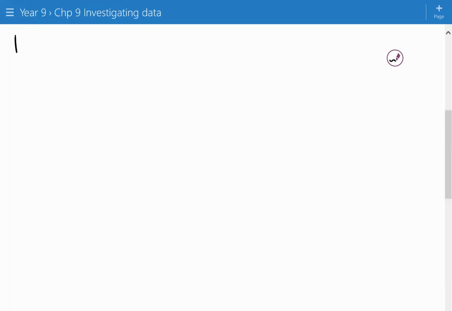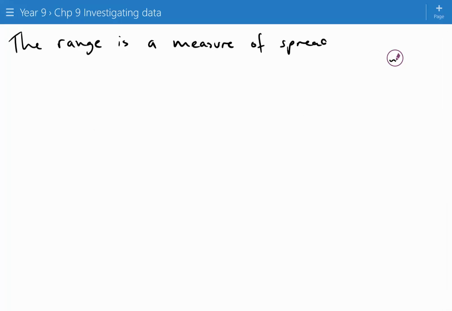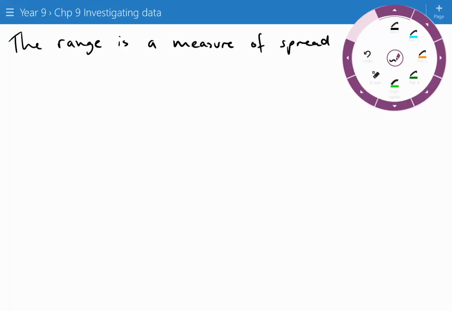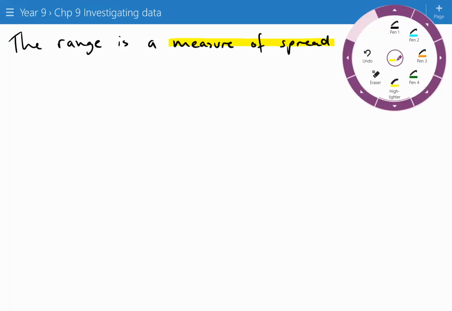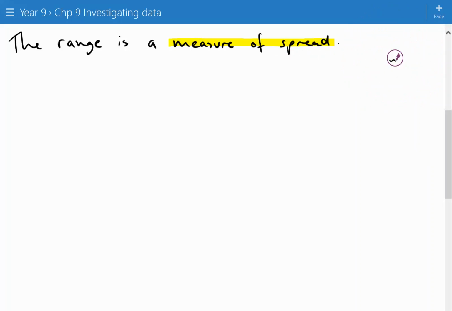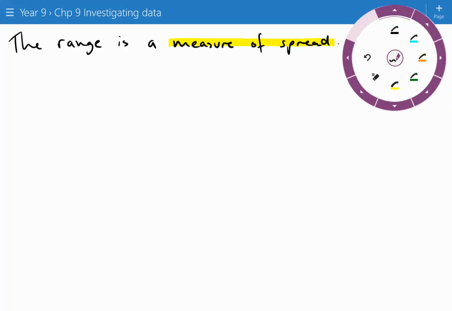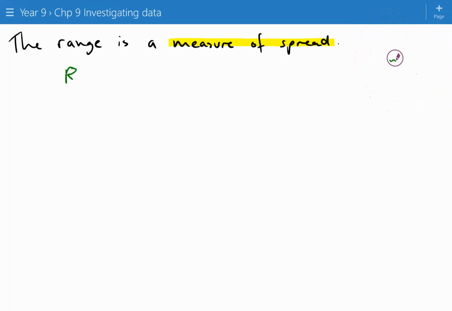Let's write a note here. The range is a measure of spread. The range tells us how spread out the scores are. So write that, highlight measure of spread. To find the range, we do the highest score minus the lowest score.